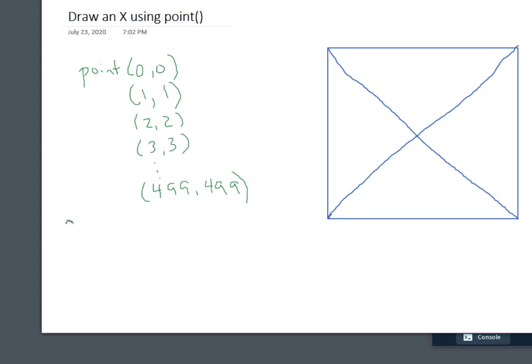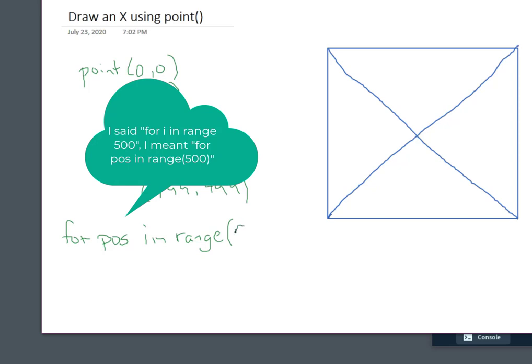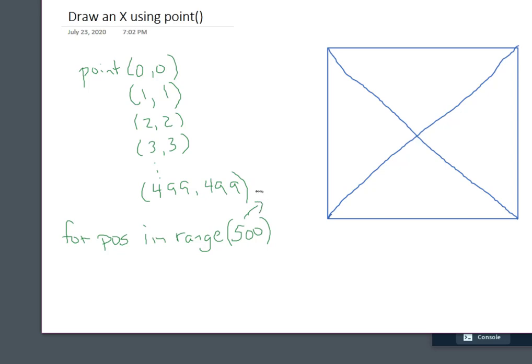So this is where I would use a for loop. I would say for, let's say, position, POS, in range, what? Well, I'm going from 0 to 499 in both of these columns, both the X and the Y. So if I go for I in range 500, or actually to make this more general, I would say width here. So I'm going from 0 to the width, up to and not including the actual value for the width, which is 500.